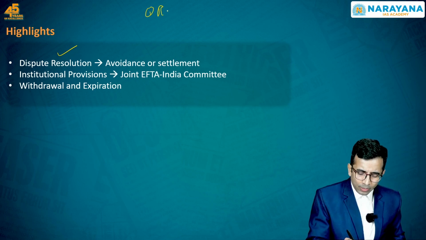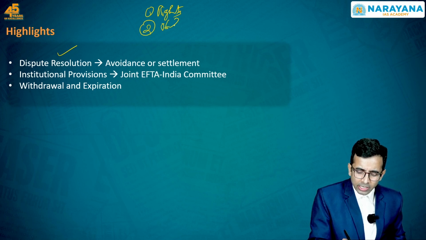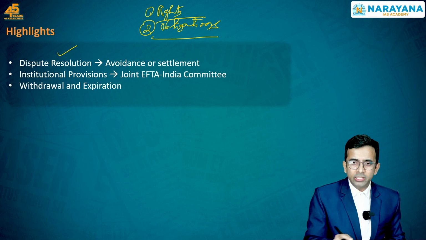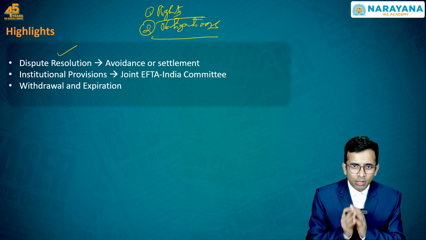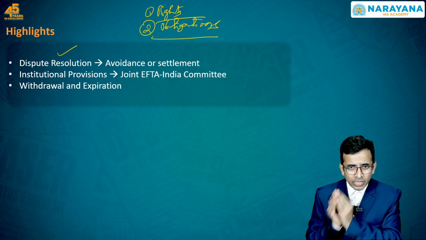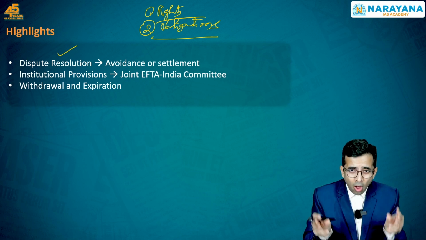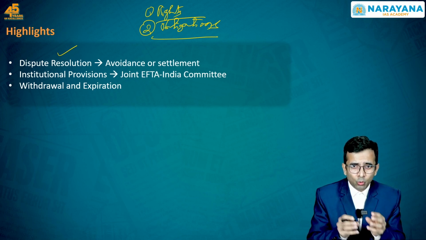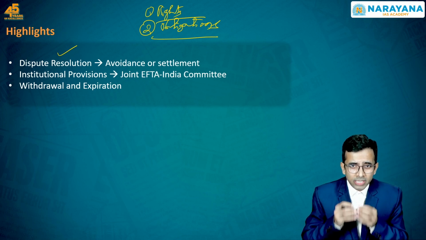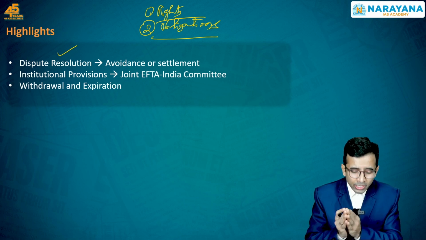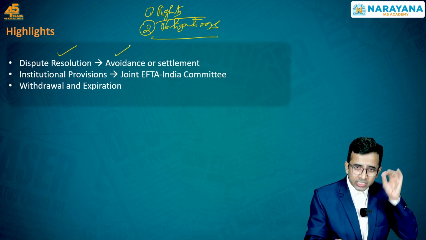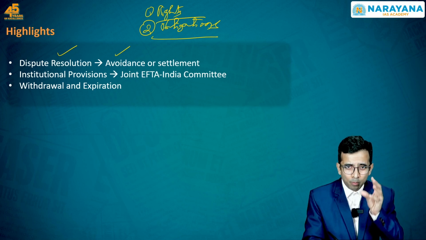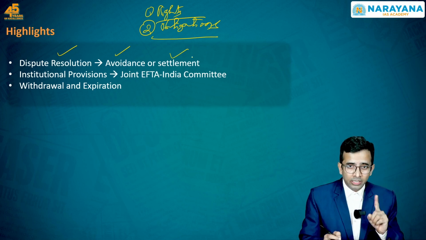One, what are my rights? And two, what are my obligations? These might raise certain clarifications and doubts and ambiguities, and hence all of these would be subjected to this joint mechanism, which would make sure that the disputes are initially avoided and within a time-bound manner are also settled.